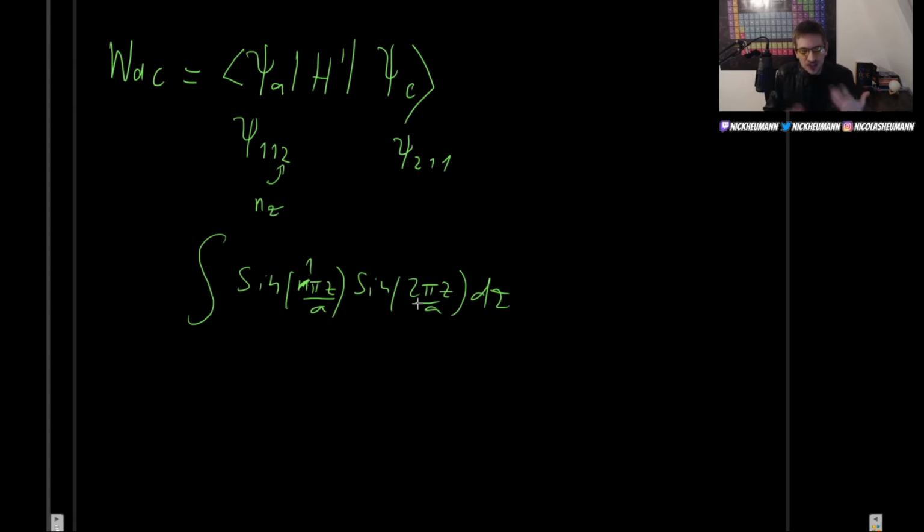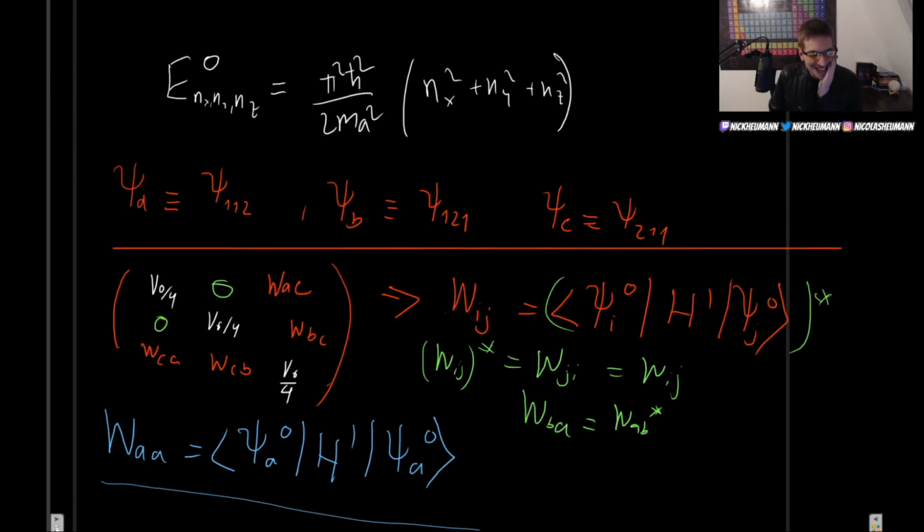And we already solved this, and we know that this is 0. So Wac is also 0, which means that Wca is also 0. You have no idea how happy it is that we don't have to do these integrals. Oh my god. So Wac and Wca are both equally 0.